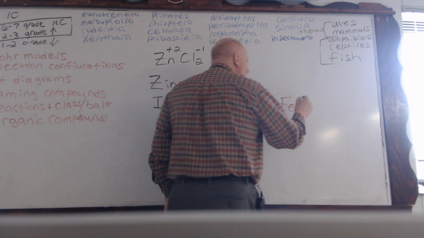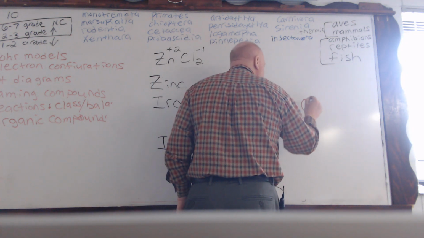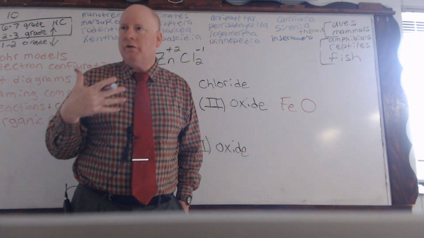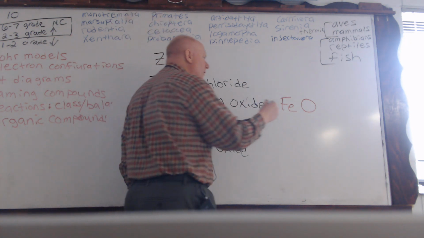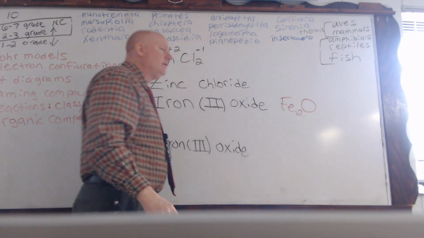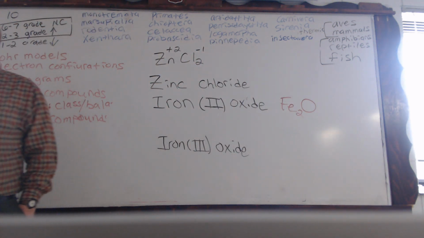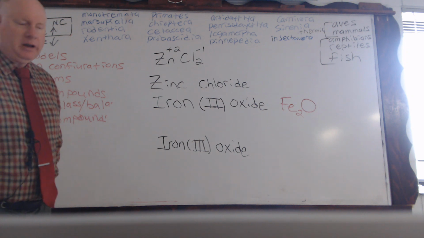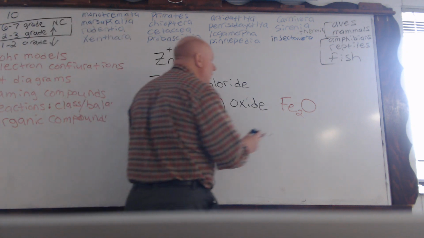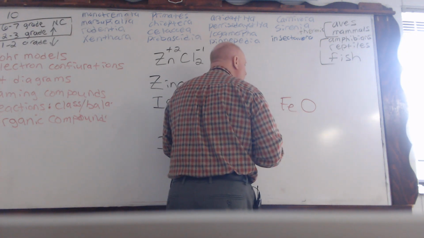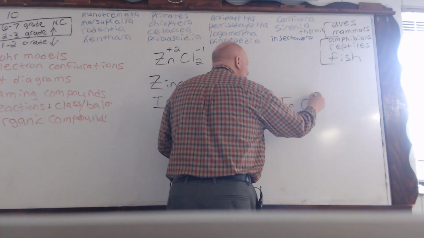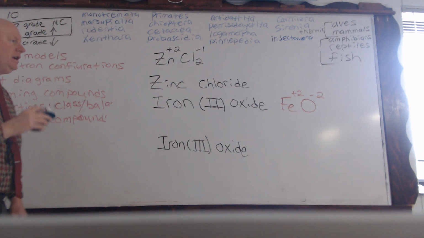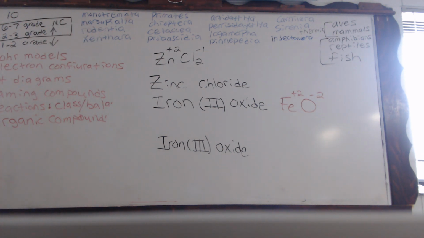Again, it's just human nature, we're still going to see people do that. Why would people choose to do that? Because there's a 2 after iron. But it's actually the charge. So if it is the charge, -2, +2. Does that add up to 0? Yeah. Do we need to change anything in there? No, we do not.